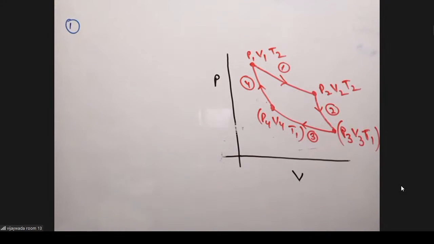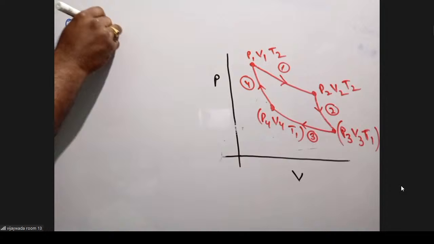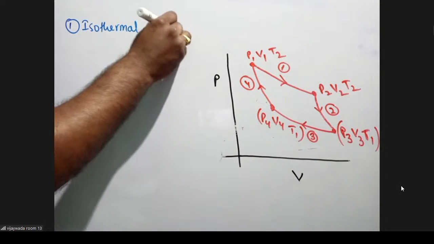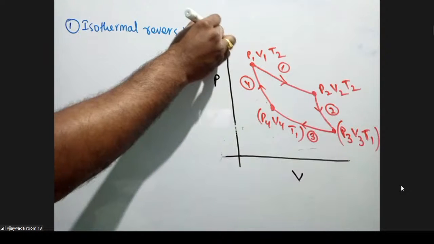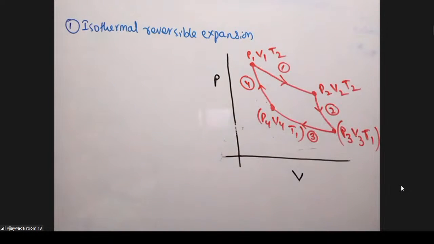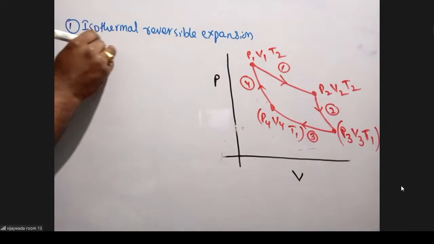So first process is isothermal reversible expansion of ideal gas. First operation, work done in this process W1.